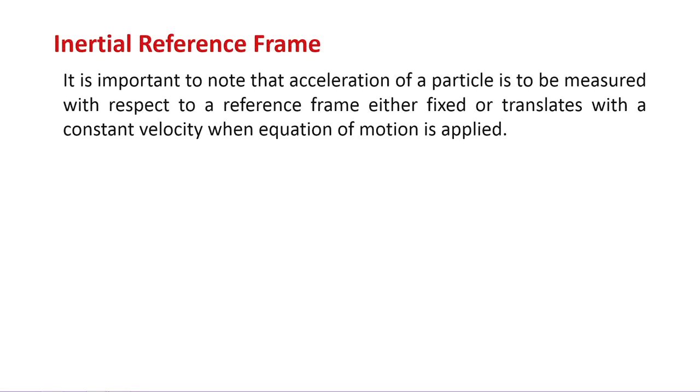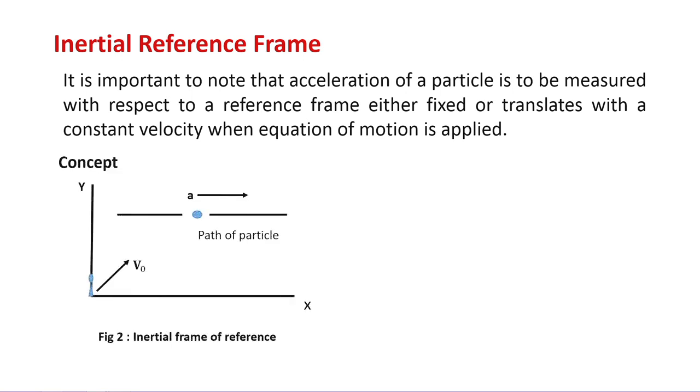Now, another important concept: inertial reference frame. It is important to note that the acceleration of a particle is to be measured with respect to a reference frame that is either fixed or translates with a constant velocity when the equation of motion is applied. Here in this figure 2, an observer with a velocity v0 and a particle having an acceleration a.